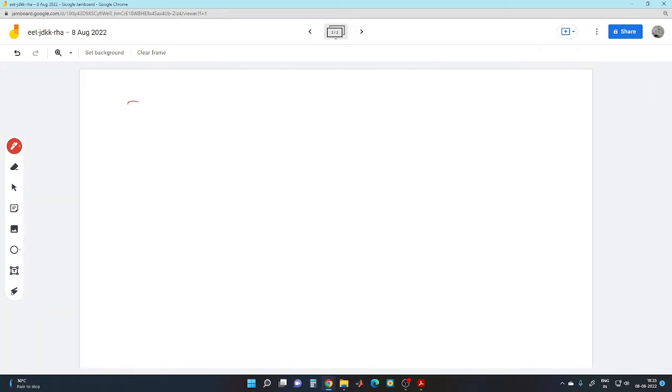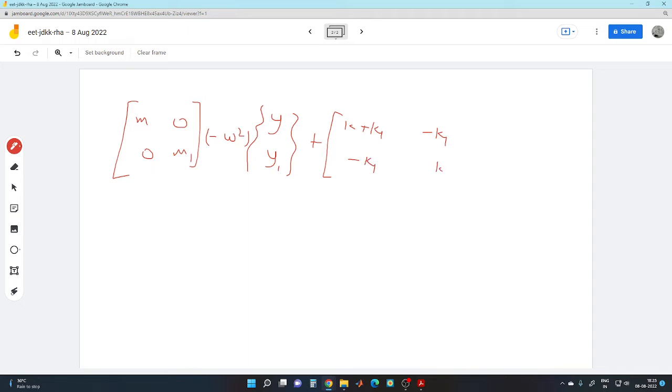So if we substitute that, what we will get is the matrix m, 0, 0, m1 with a minus omega square, times capital Y, y1, plus the matrix k plus k1, minus k1, minus k1, k1, times Y, y1, with e raised to power j omega t, equal to k x naught, 0, outside e raised to power j omega t.